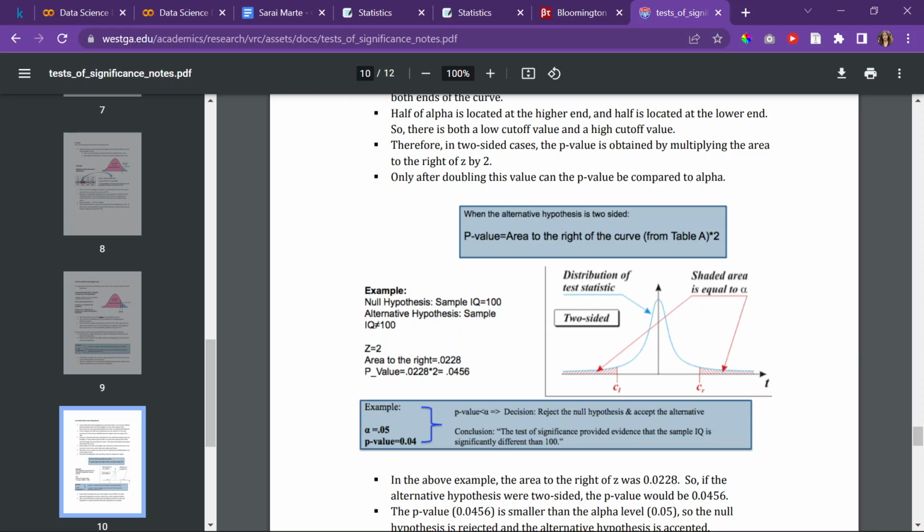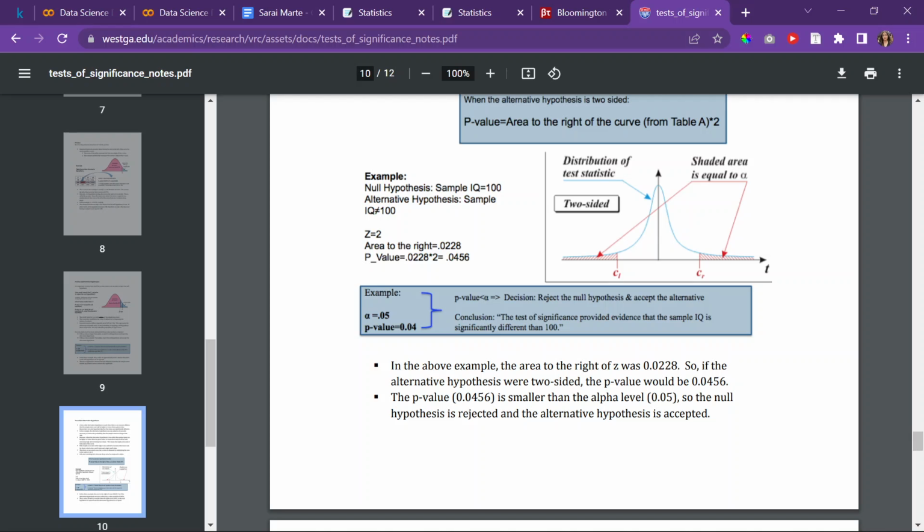What? I'm just not understanding. The area to the right of z was blah blah blah. So if the alternative hypotheses were two-sided, the p-value would be that. So something greater than that. So that's the probability of having a test statistic of that size or larger.